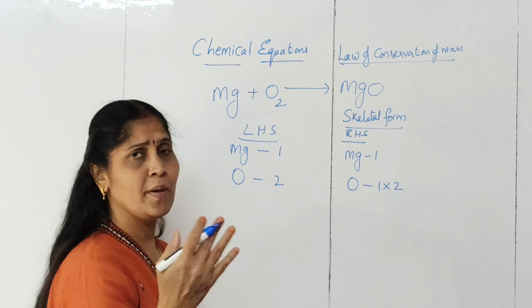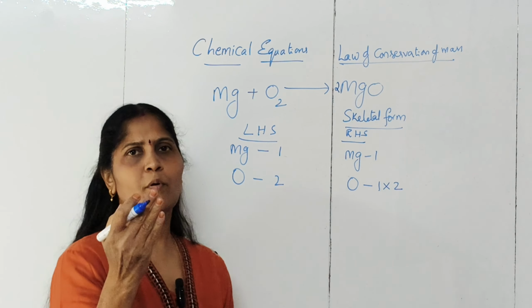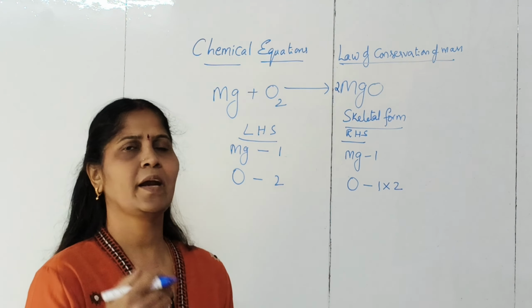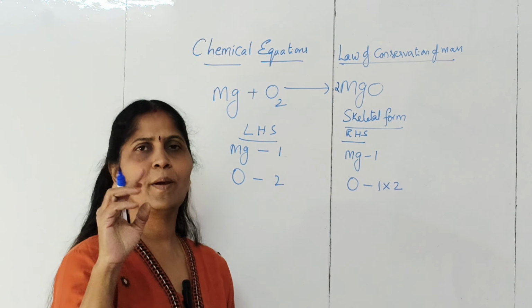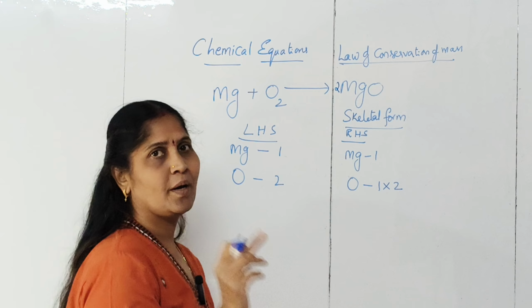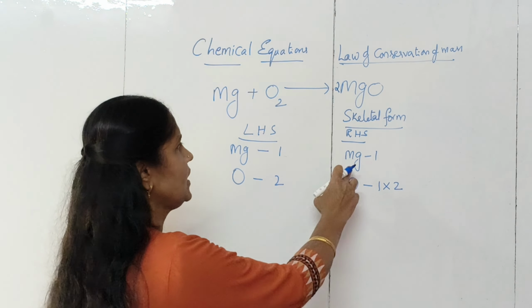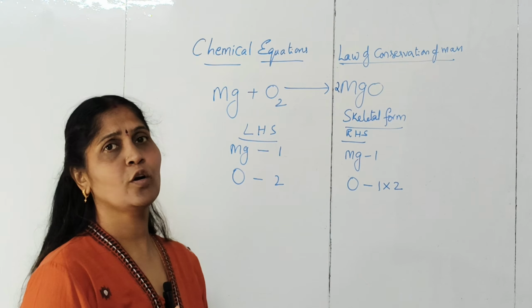What it means is that you add a 2 in front of the product obtained towards your right hand side. So when you write a 2 in front of magnesium oxide, oxygen has become 2, but magnesium, which was 1, has now become 2 on the product side.